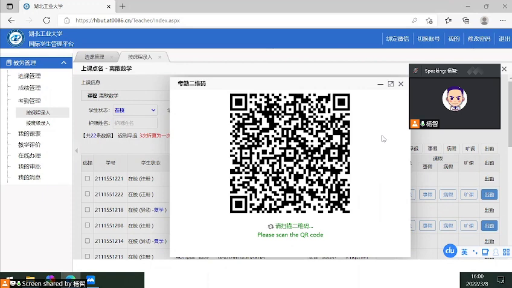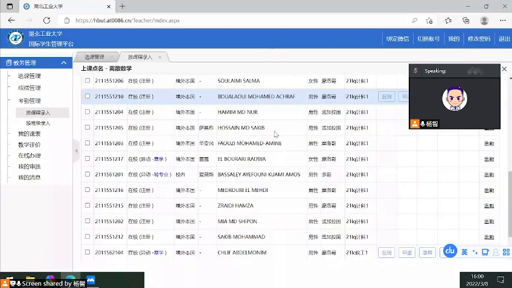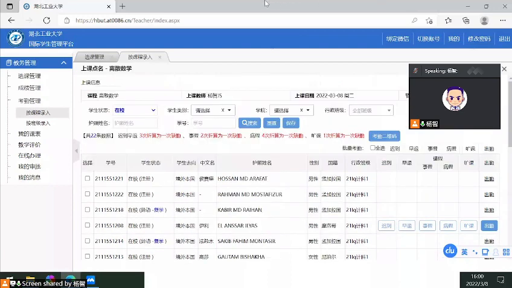Have all of you finished scanning the QR code? Okay, I also take a picture of the list.